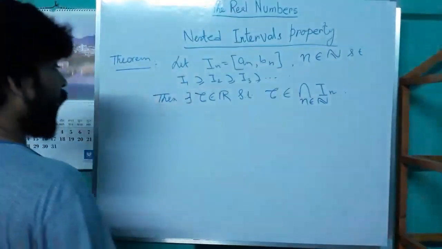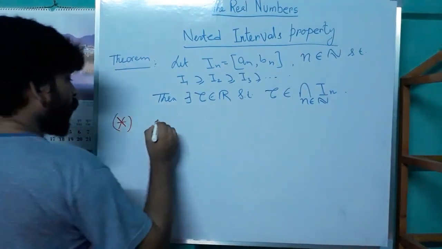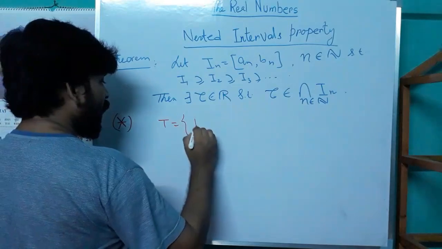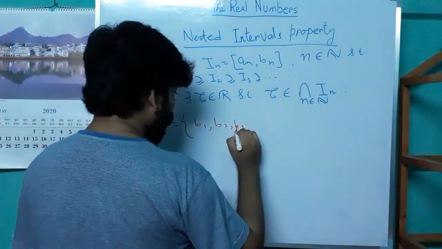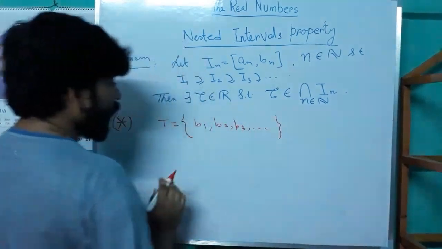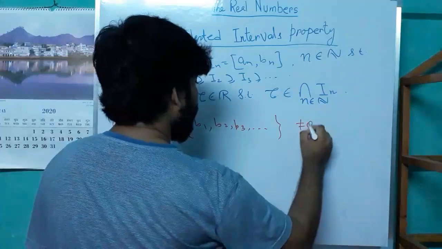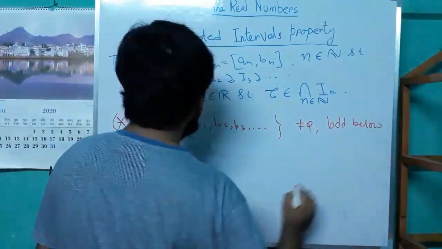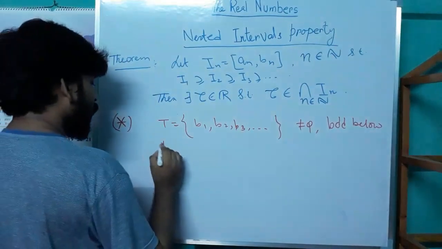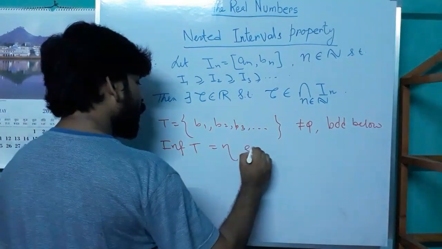So next observation. If we consider the set T as B1, B2, B3 and so on, then we have seen that this set is non-empty and bounded below. So by supremum property of R, infimum of T exists.